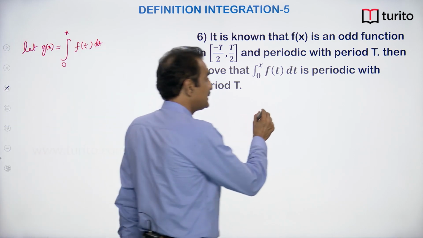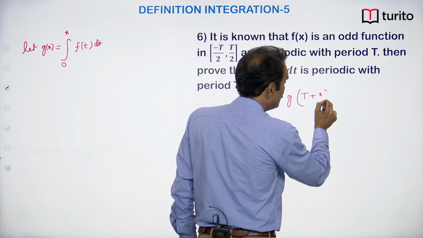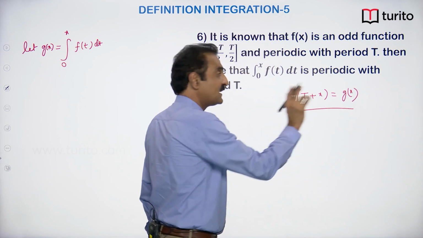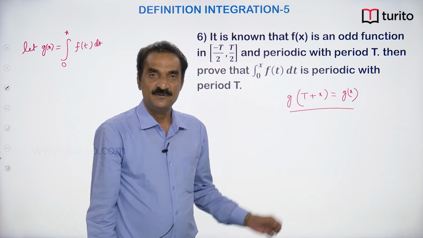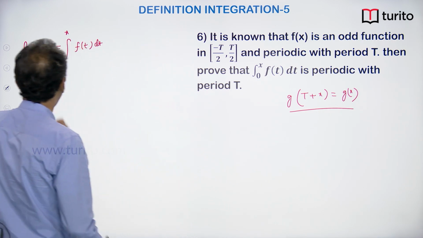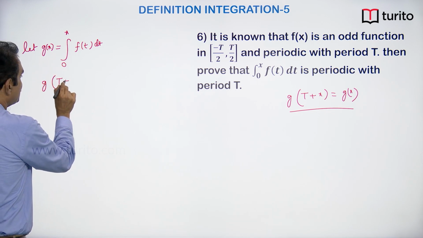If we can prove that g of T plus x is equal to g of x for all x, then g of x is a periodic function with period capital T.